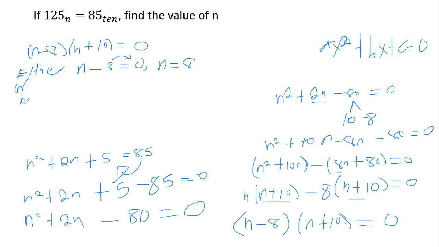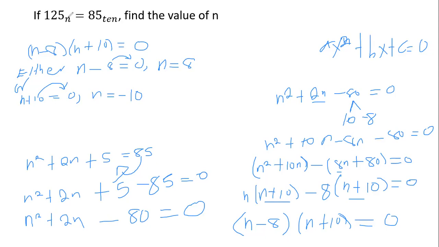Or n plus 10 is equal to 0, and when the 10 crosses to the right-hand side, it changes to a negative, so n is equal to negative 10. So we have two answers for the n value, but we are interested in the base.